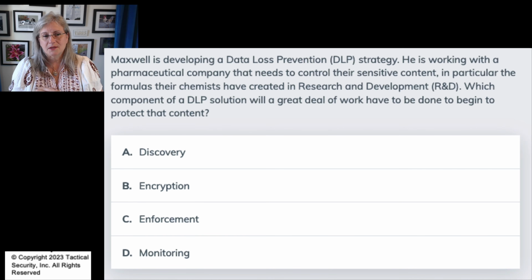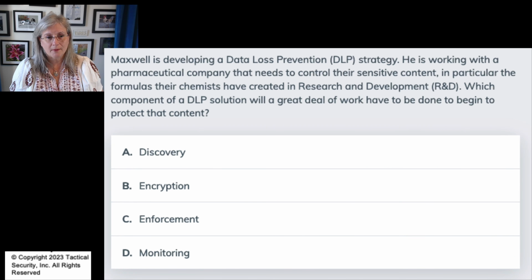So we go back to, wait, what was the question? The question is begin to protect. So the beginning, if you put those four answers in order, enforcement, monitoring, encryption, and discovery, the first thing you have to do is discovery. Then, once you understand what data is in the business that's sensitive, that should not be sent or should be sent in a certain way, then we can move on to monitoring and then do enforcement through encryption or blocking of the data.